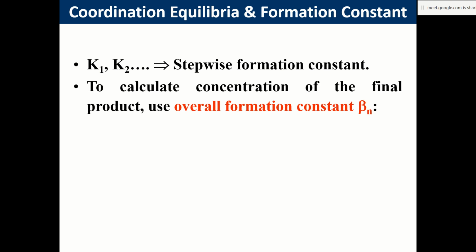And to calculate the overall formation constant, which is represented by beta n, we have to consider the final number of ligands that bind with the metal.